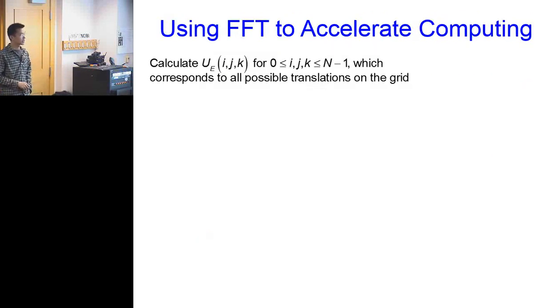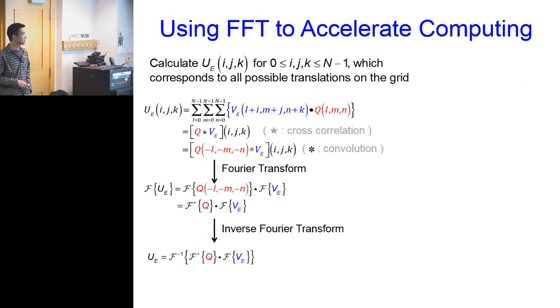Because it is a cross correlation, we can play the trick we played in the 1-dimensional case, which means the energy corresponding to all possible translations on the grid is equal to a cross correlation between two vectors. Basically, it's equal to a convolution between two vectors. If you do this naively, it will take about n to the 6th power because you have 3 dimensions now, and each dimension has n points.